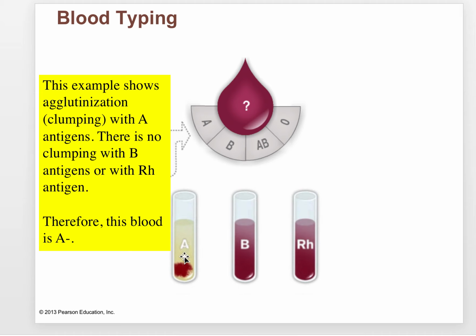Since it reacts with antigen A, this is blood type A. It does not react with B, so it's not blood type B, and there's no reaction to the Rh factor, so this means it's Rh negative. So this blood type would be A negative. It has a positive reaction to A, and no reaction to B or to the Rh factor, so this has to be A negative blood.